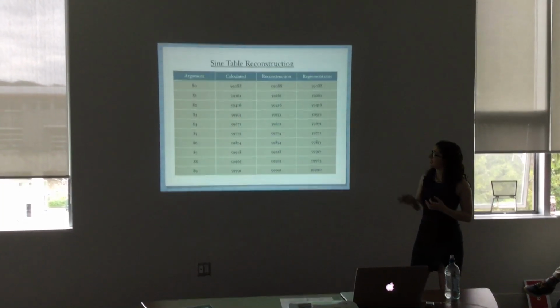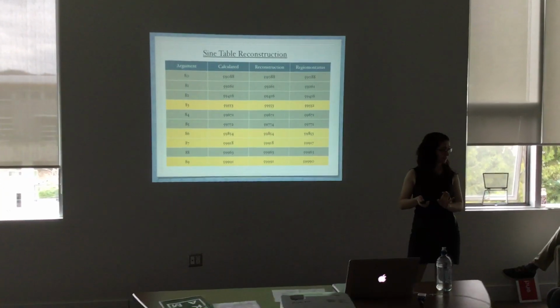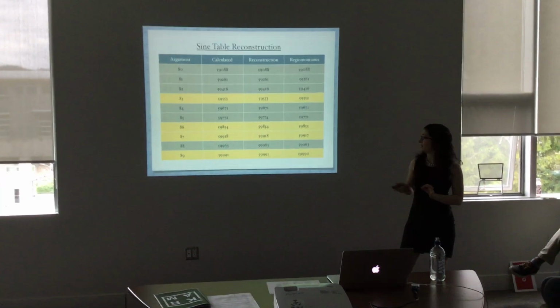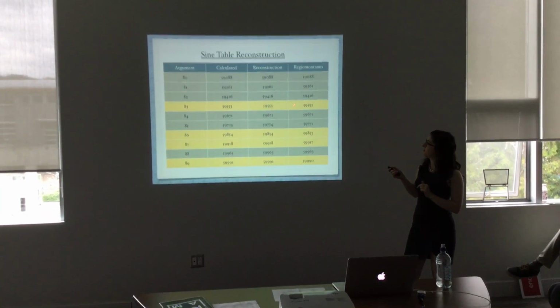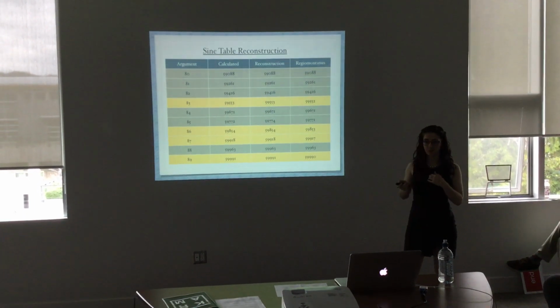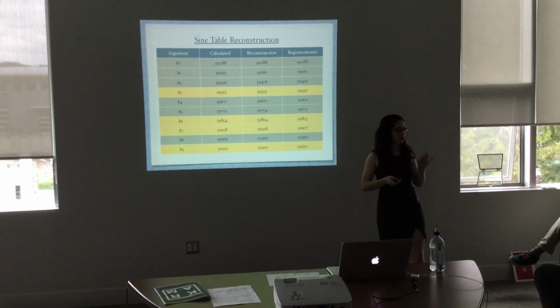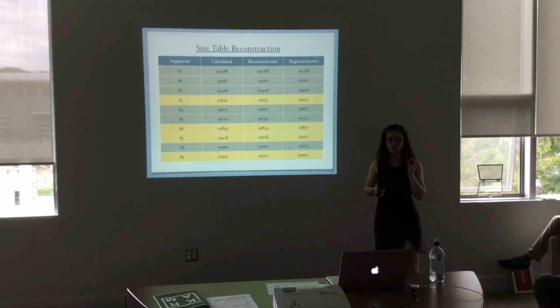And that looks a little something like this. Now that's a lot of numbers, but don't worry, the only ones I care about are these ones. And the only thing that I care about is that in these 4 spots, this column doesn't match this one. So the reconstructed values, the ones that I can prove Regiomontanus must have used, don't match the ones in his printed sine table with radius 60,000, which is weird.